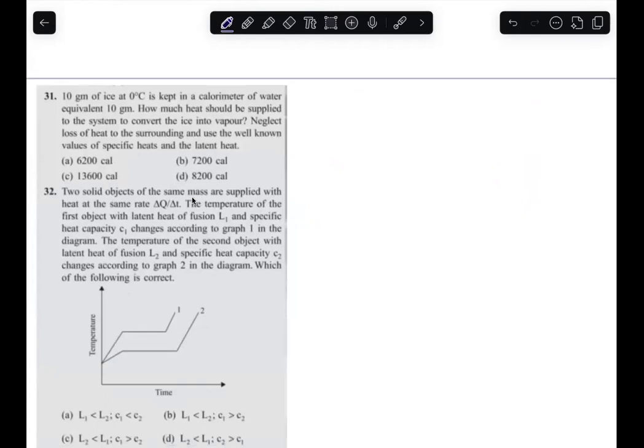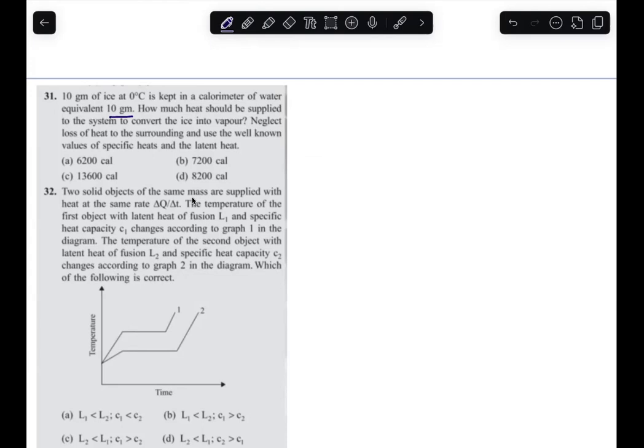Right. So you have 10 grams of ice at 0 degrees centigrade. It is kept in a calorimeter of water equivalent to 10 grams. How much heat should be supplied to the system to convert the ice into vapor? Neglect the loss of heat to the surroundings and use the well-known values of specific heats and latent heat.